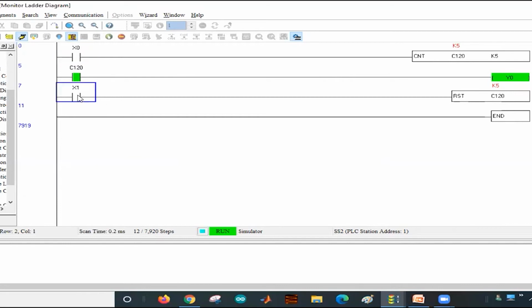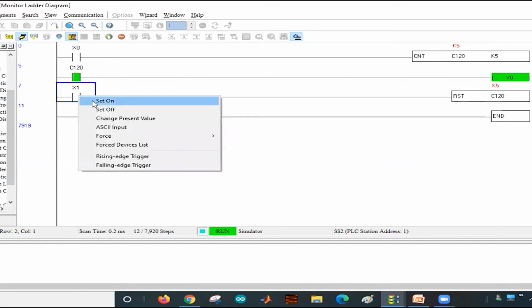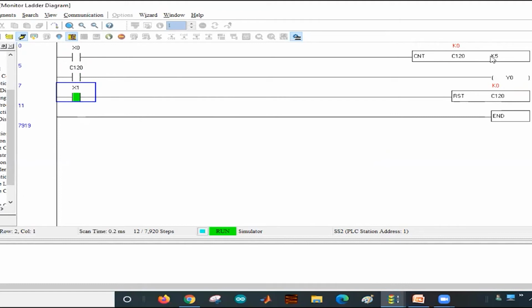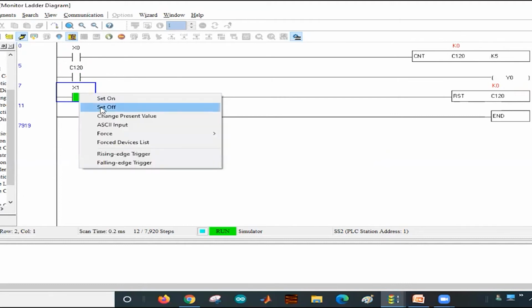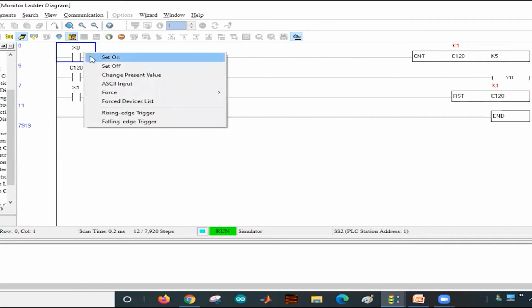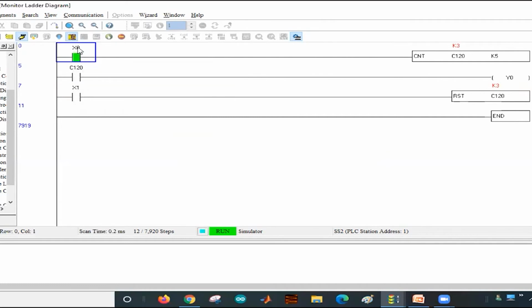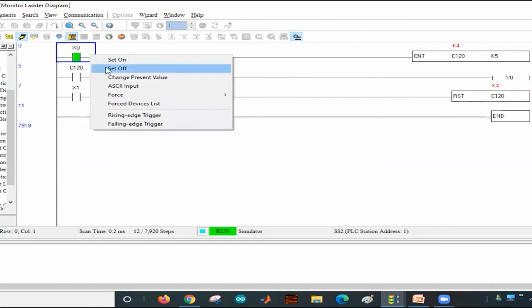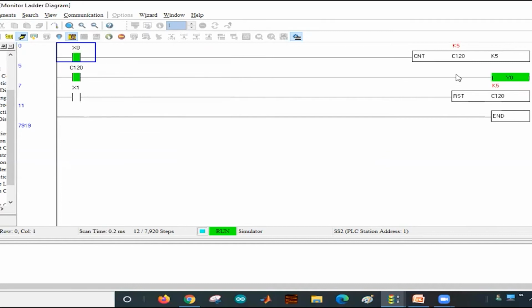So you have to switch on your clear button, and then it comes back to 0. Now again it will count from 1, 2, 3 up to 5 here. Whenever it reaches 5, again Y0 will go on. If you want to clear it, you have to press the clear button.